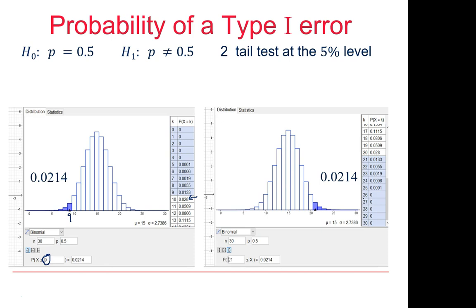And similarly, and notice the symmetry here, because under the null hypothesis P is 0.5, our top end of unlikelihood is 21 to 30. And again, that probability is 0.0214, and we can't go down any further because we'll exceed our maximum 2.5% in each tail.